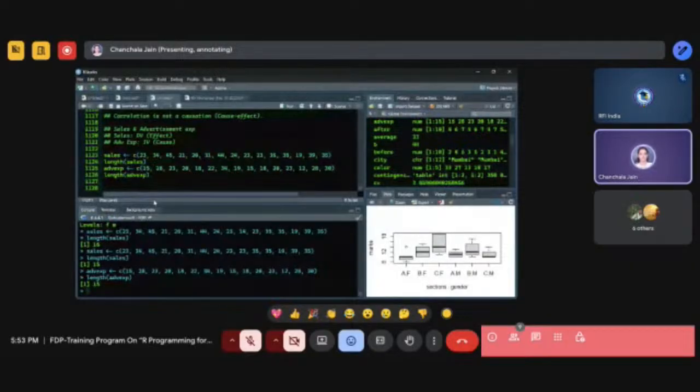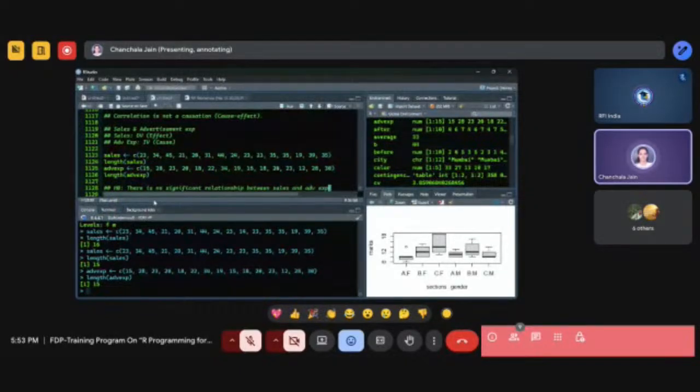I want to perform the correlation. So firstly, I will formulate my null hypothesis here. There is no significant relationship between sales and advertisement expenditure.